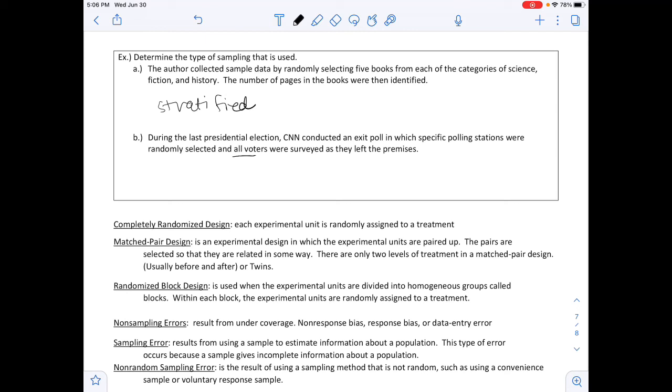So not a little bit from each one, but all from these. So broken into groups and selecting everybody from that group. Again, that was called our cluster sample. And these are the 2 that students get most confused. So make sure to look at the differences between stratified and cluster sampling.